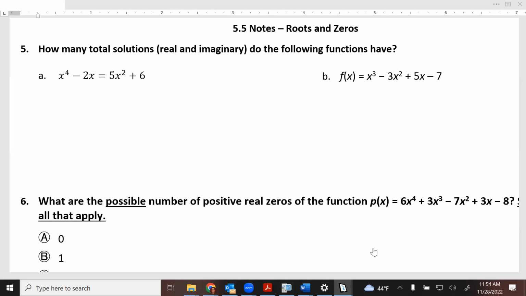So I had x plus 1 equals 0. 2x minus 3 equals 0. Now I have to solve each of these for x. So I would minus 1 from both sides. So x equals negative 1.